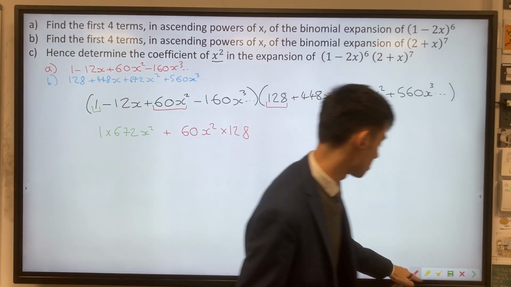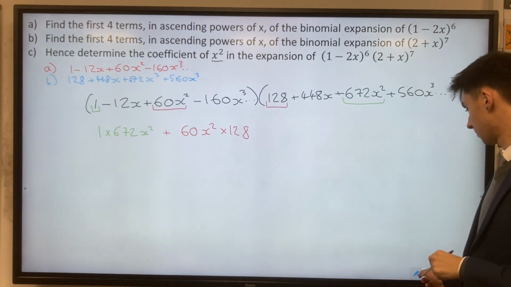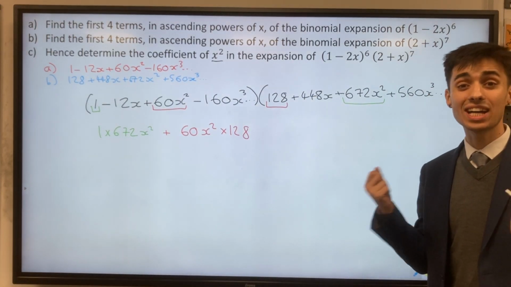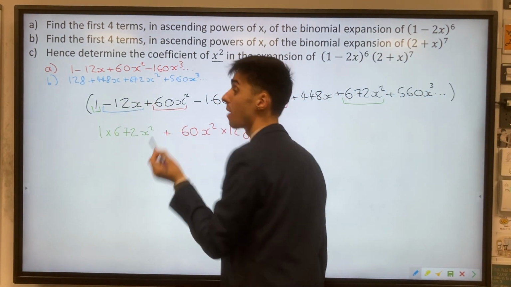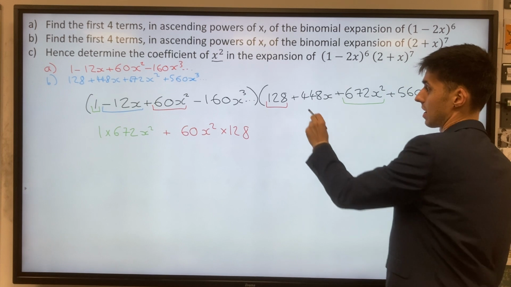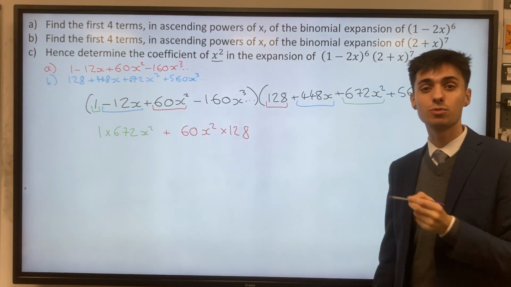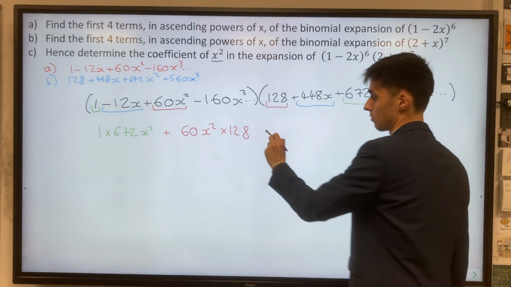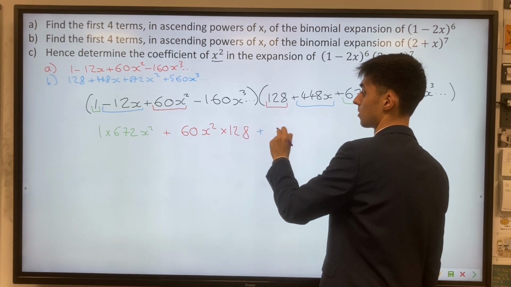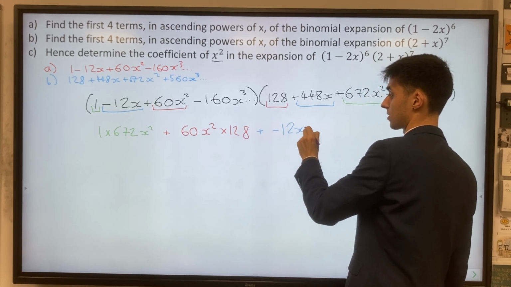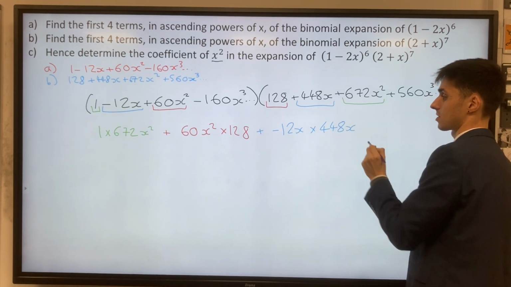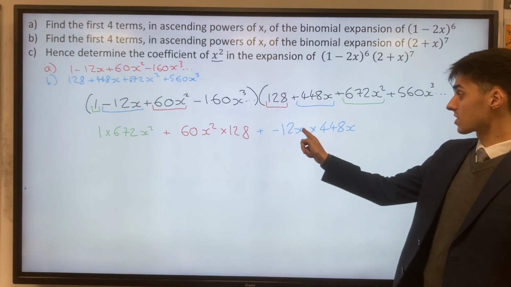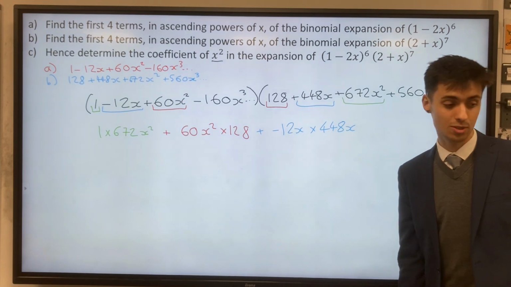And the third possible way that this could work is we could take the x from either bracket. So we could have, and be really careful here, a minus 12x and a plus 448x. So if we do minus 12x times 448x, this will also give us an x squared term at the end.